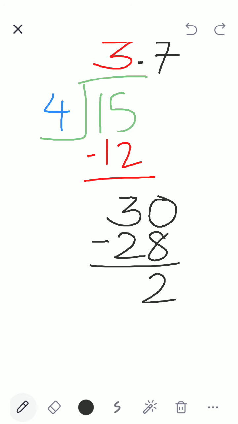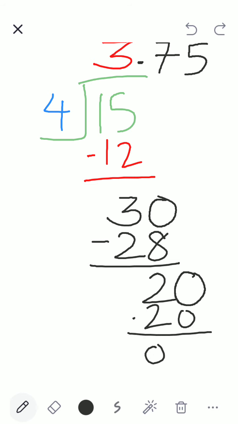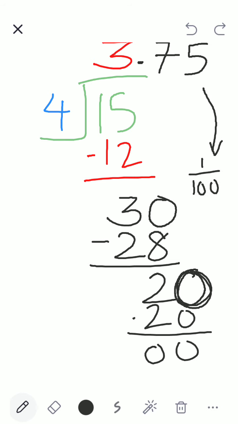I will further divide this into 20 equal pieces. So 4 fives are 20, and then I got 0. The second time I divide further is called the 1 by 100th place.